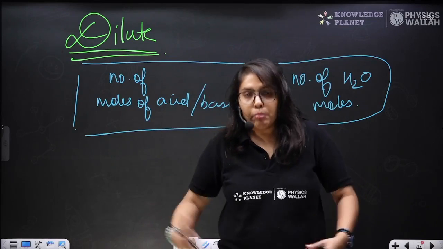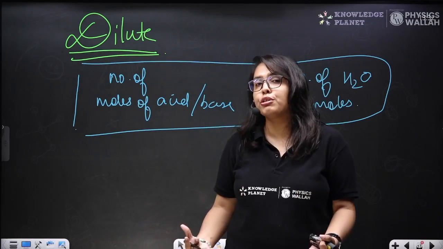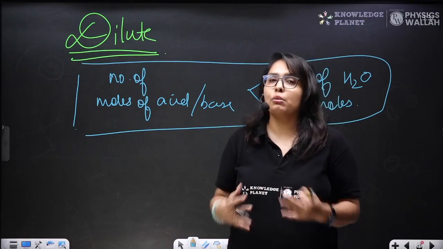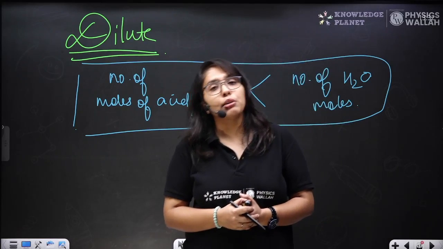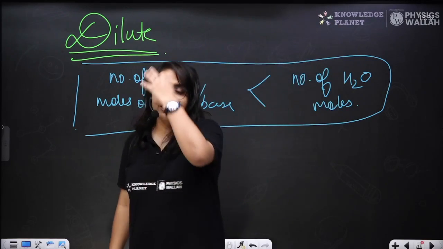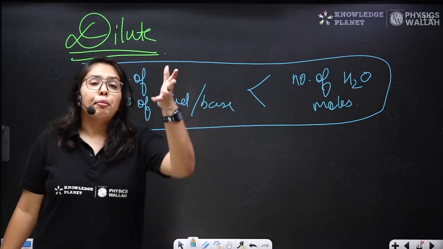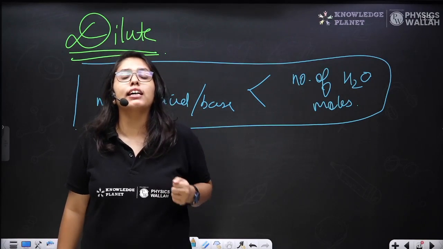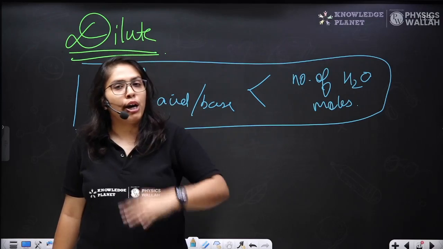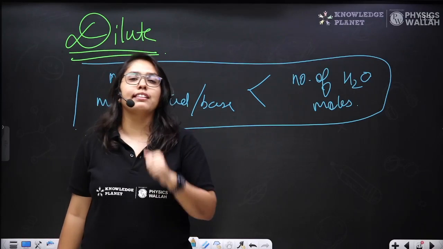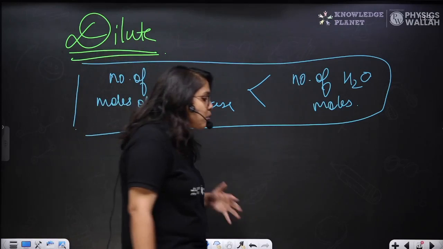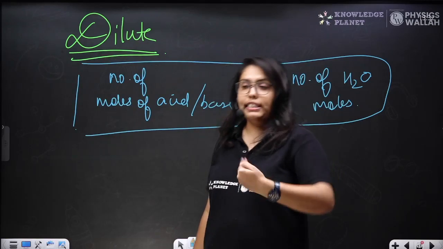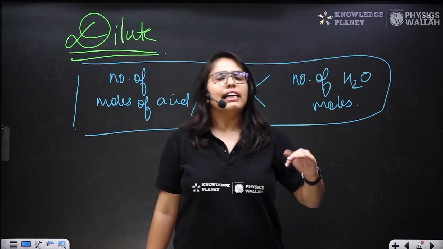Concentrated is when the number of molecules of acid or the base is greater than that of water in its aqueous solution. And with respect to a dilute acid or base, the number of acid or base molecules is less than the number of water molecules in the given solution. So based on this we can categorize concentrated acid, concentrated base, dilute acid, dilute base.